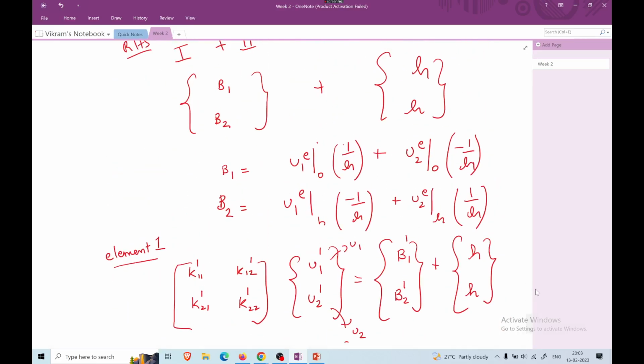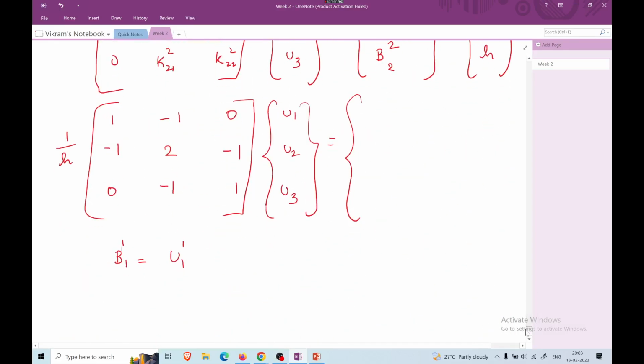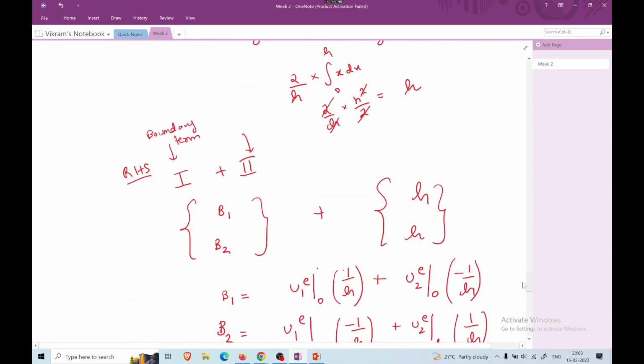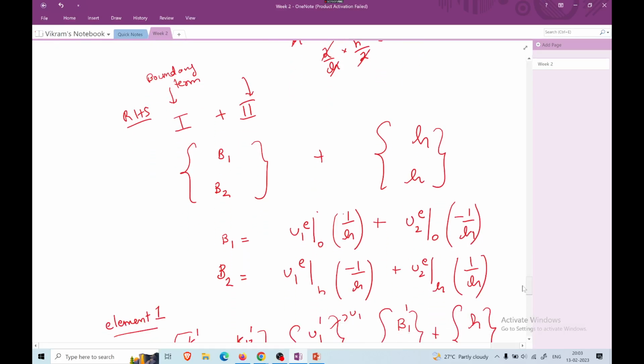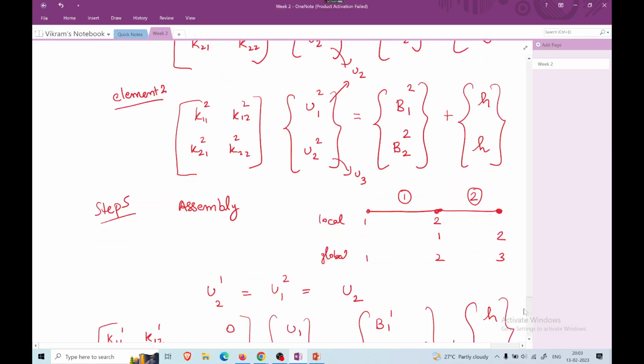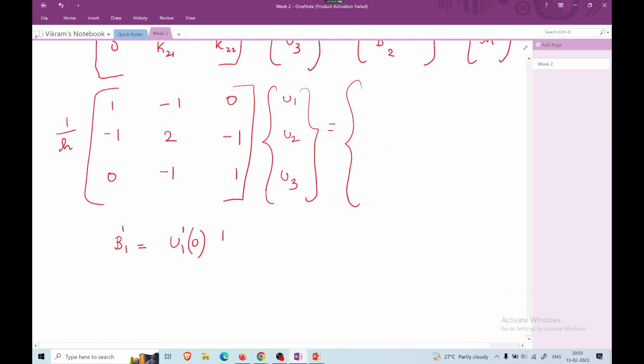So I'll again put subscript 1, u11 at 0, u11 at 0 into 1 by h. See? Yeah, 1 by h plus u2 at 0, u2 1, 1 by h plus u2 1. This is also at 0.